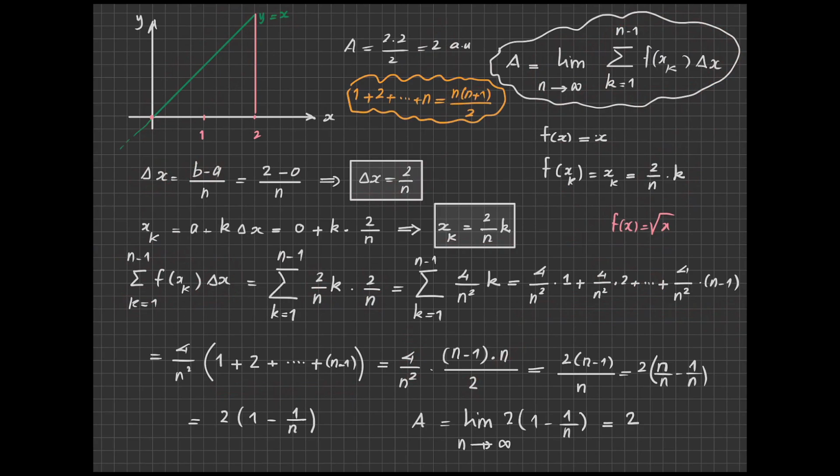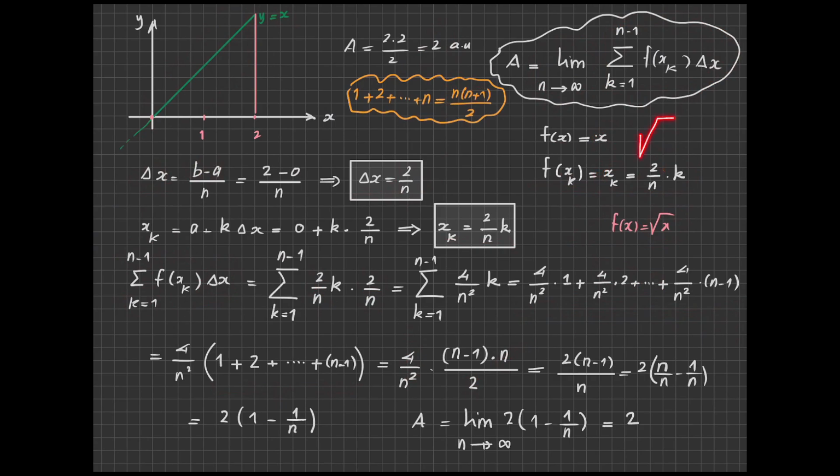What will be affected if I change my function from x to square root of x? Here, yes? Because here it was f of x equals x. Now it will be f of x equals square root of x. And now instead of having f of x_k equal to x_k itself, it becomes the square root of x_k. And this square root will be translated actually here.